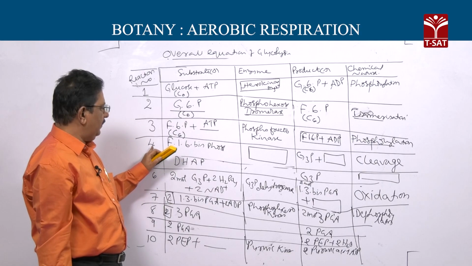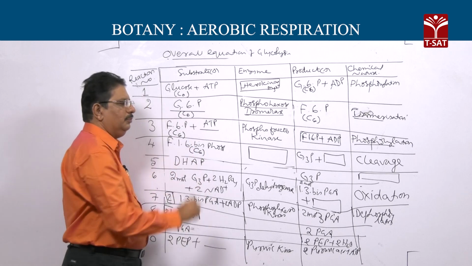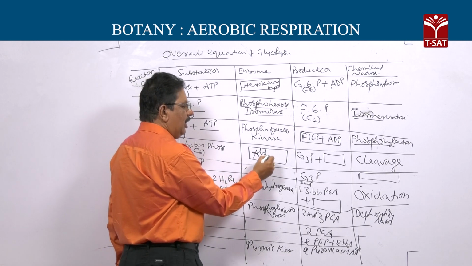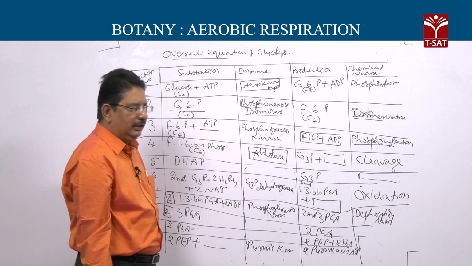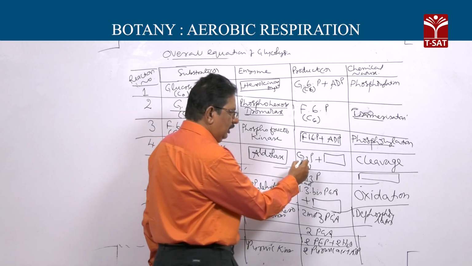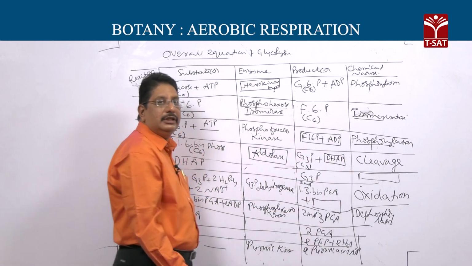And the fourth step, fructose 1,6-bisphosphate, a C6 compound, in the presence of an enzyme called aldolase, splits, not condenses, splits into 2 C3 molecules. One is G3P, so automatically the other one is DHAP.